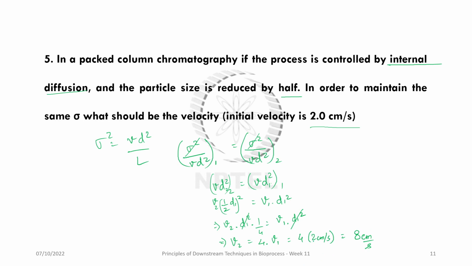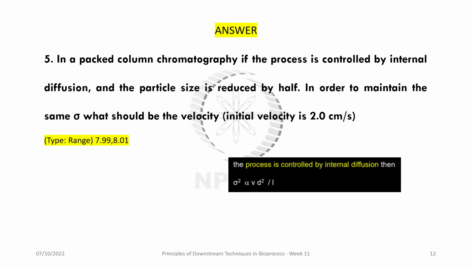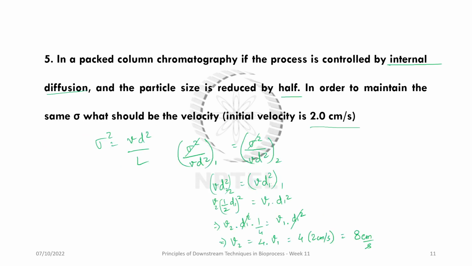Was this clear? Do you want me to repeat? So the point here is you want to maintain the sigma the same, and we are not changing the length of the column. We are just varying the velocity, as only the particle size is modified, and we want to know how it will affect the velocity.